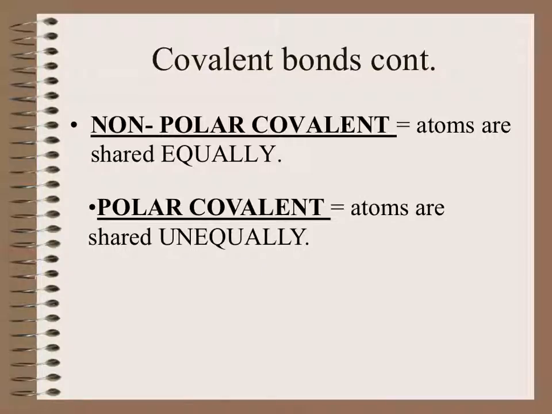They will share, but obviously the polar bear will get more of the share. So in the polar covalent bond, the atoms are being shared with you, however, they are not equal. The polar bear may have 4 fish, and you may have 2. In the nonpolar covalent, the fish or the atoms are shared equally. So the polar bear has 3 fish, and you also have 3 fish.